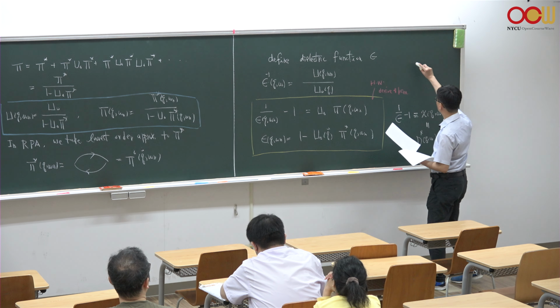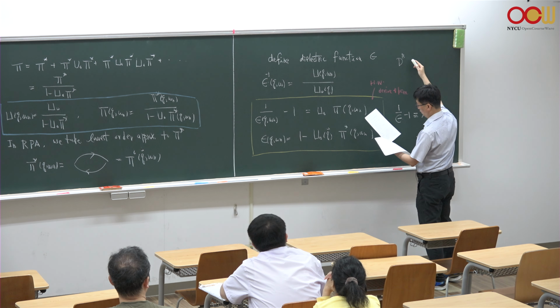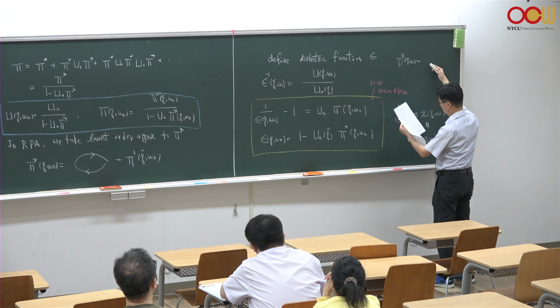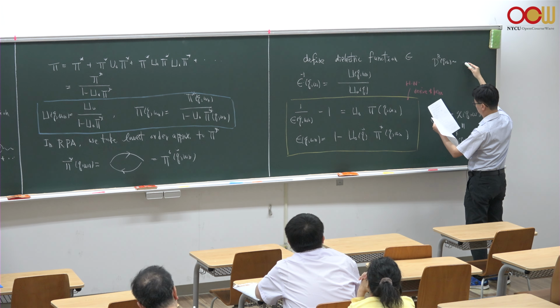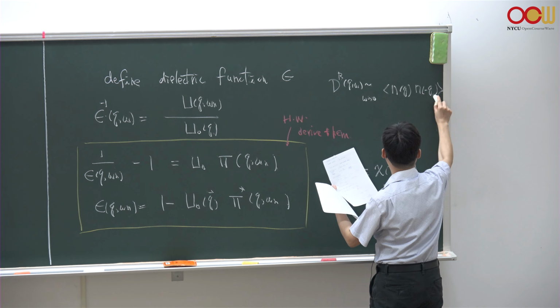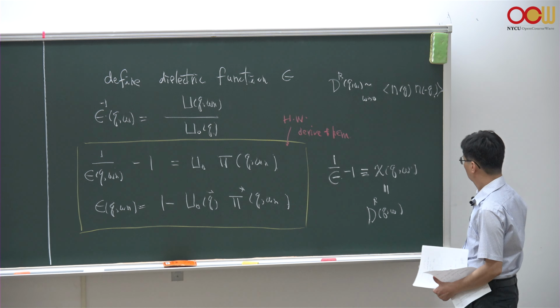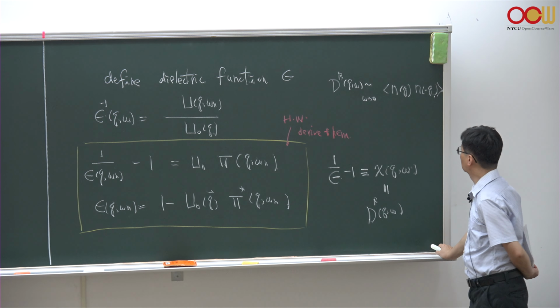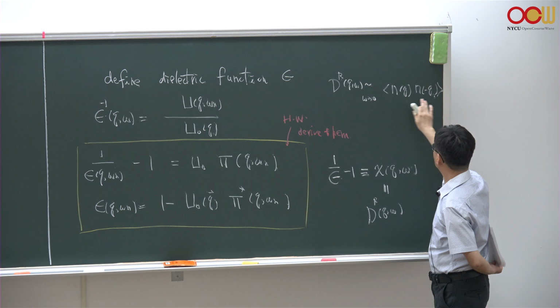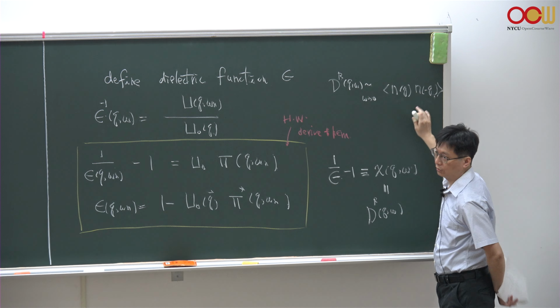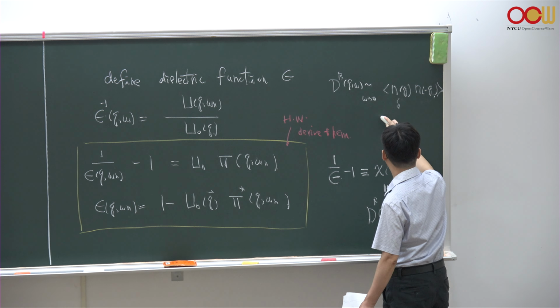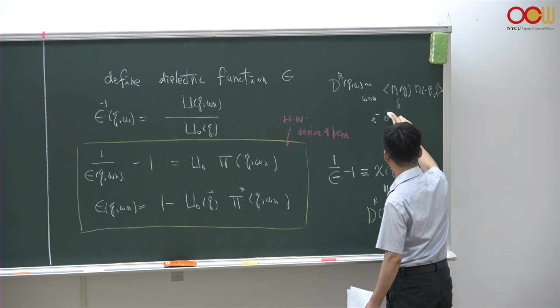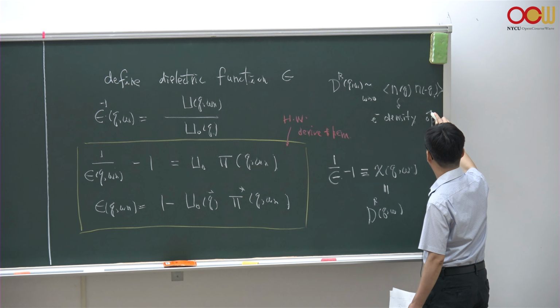In the static limit, as omega goes to 0, capital D as a function of Q is nothing but the correlation function of electron density. Okay, so this N of Q represents the electron density operator.